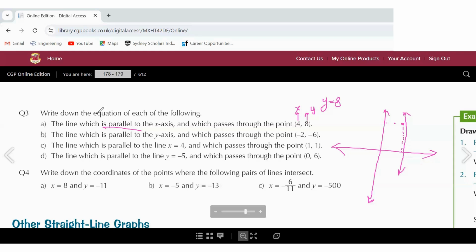The line which is parallel to line x equals 4. So where will the line x equals 4 come? On the right, this one, no? This line. So to this line, your new line should be parallel. It can be left, right, anywhere. But then what would be the equation?